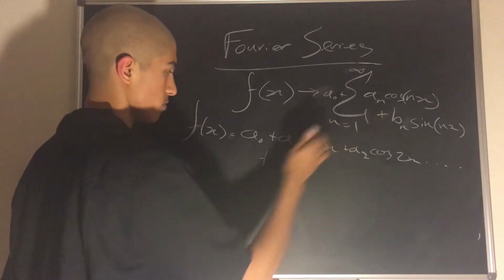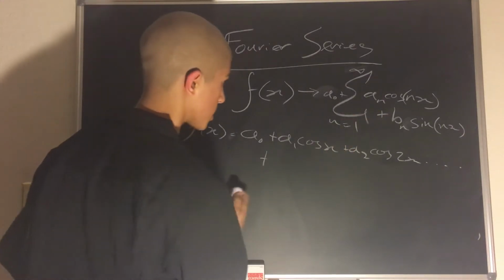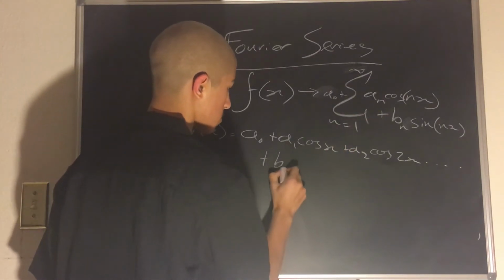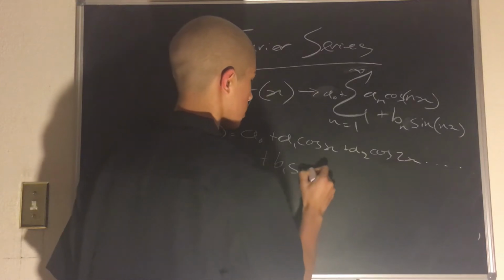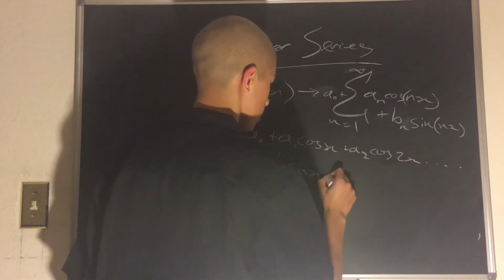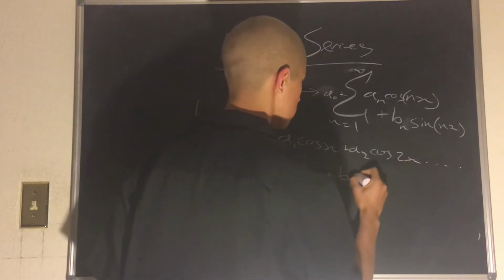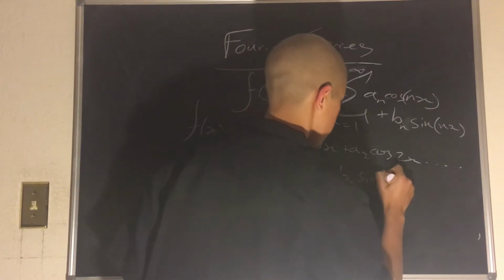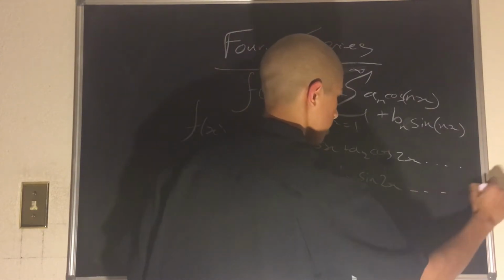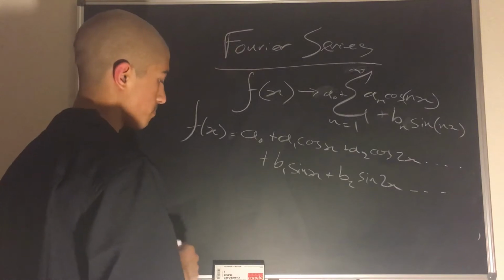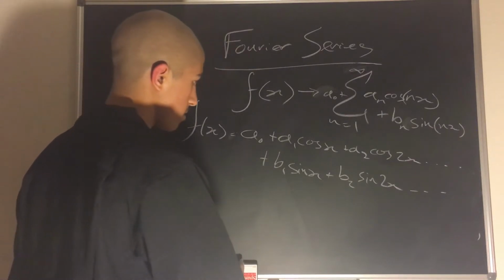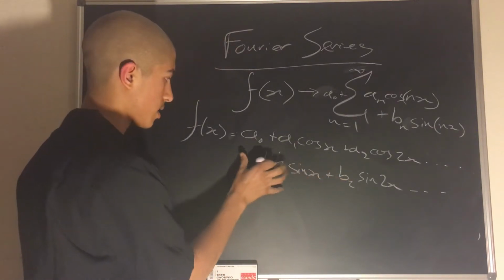And then you move on to the b terms and the sine terms, and you have plus b1 times sine of x plus b2 times the sine of 2x and on to infinity.